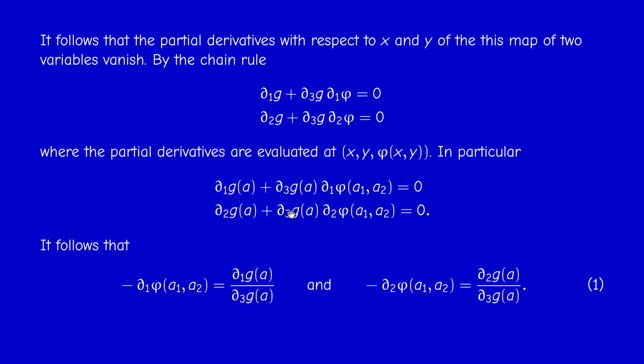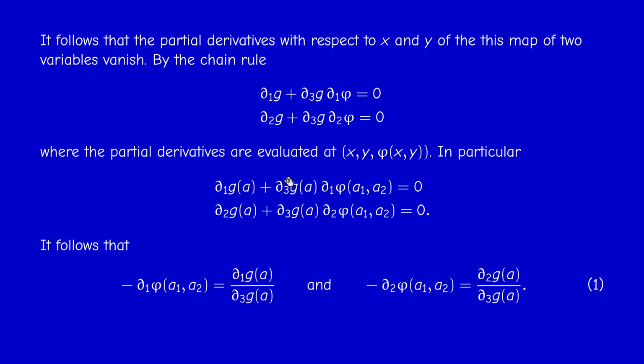And now the assumption that this is not 0 means I can divide by it. So I get the first derivative of g over the third derivative is this, and the second derivative over the third derivative is this. I will refer to these as equation 1.